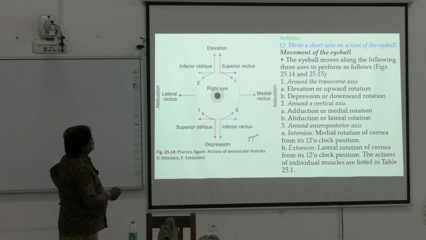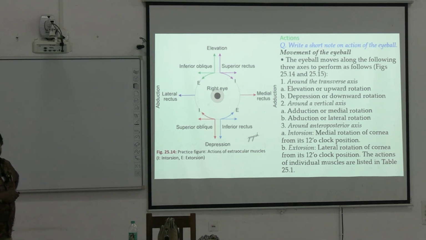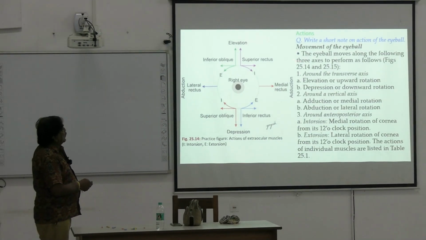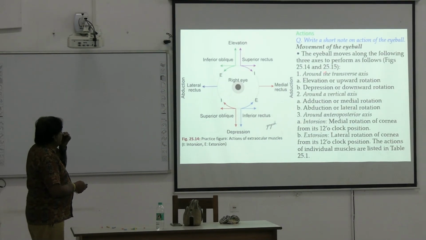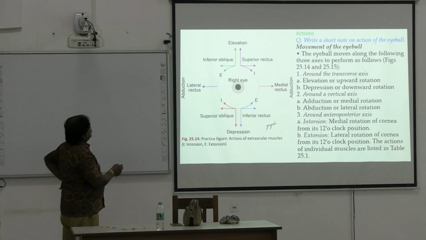Note this: actions. Write a short note on action of the eyeball, movements of the eyeball. Please note that question; this can be a question. Now, you draw a figure like this. That is the elevation.